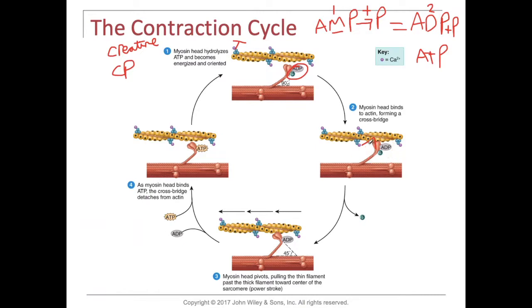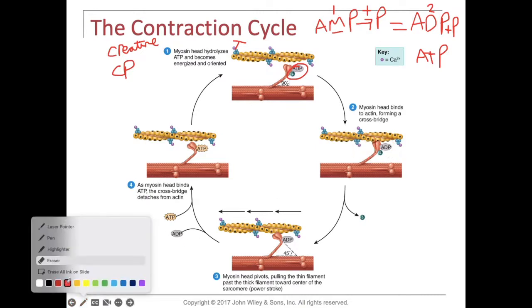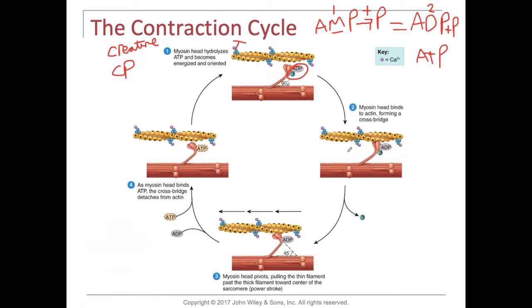Look at the position here of myosin and then look at the position here. See how this one has a kinked angle? And here it doesn't have that kinked angle yet. So here it made contact, and here, see the arrows? It flicked it. It's creating a slide. It's contracting. It's moving it.